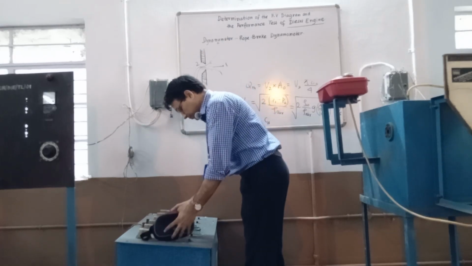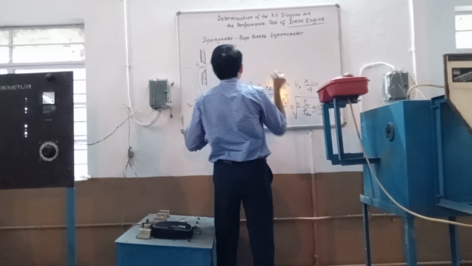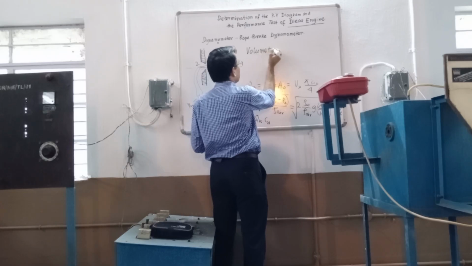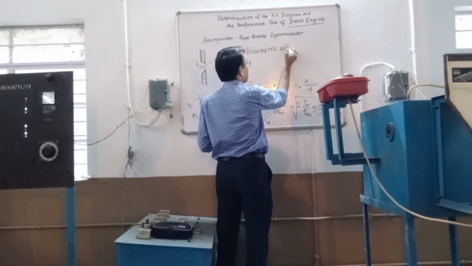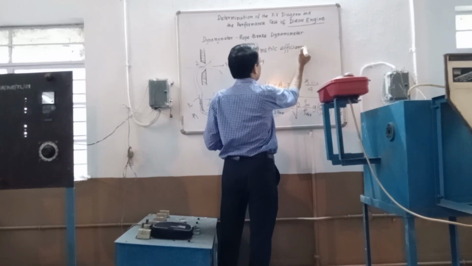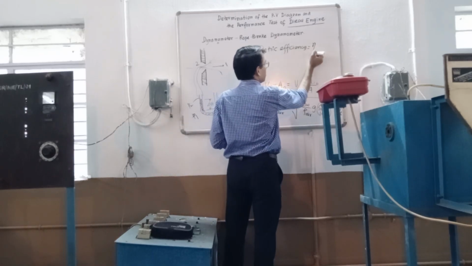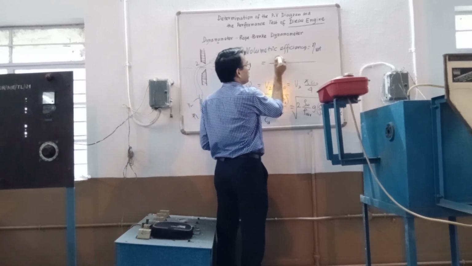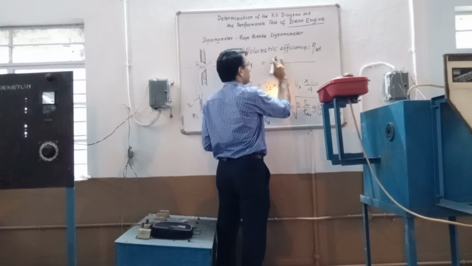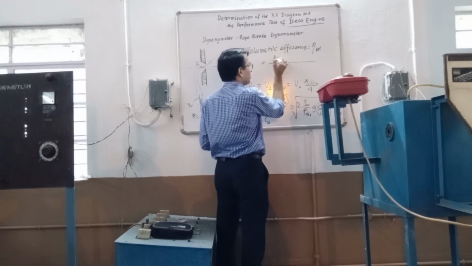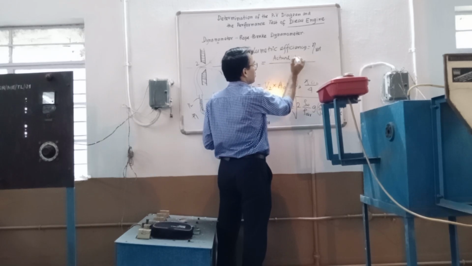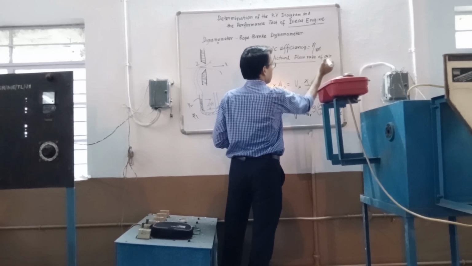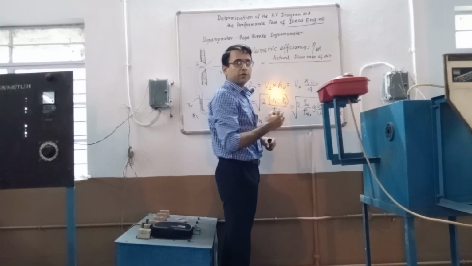Volumetric efficiency, eta volume, is equal to the actual flow rate of air divided by the maximum possible flow rate of air.